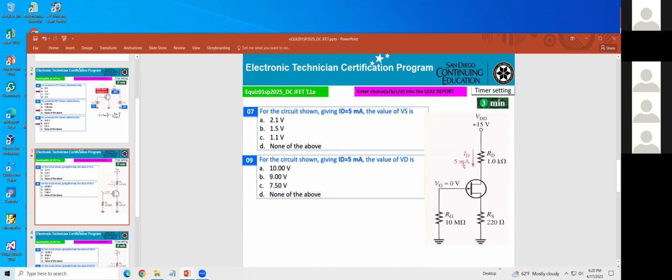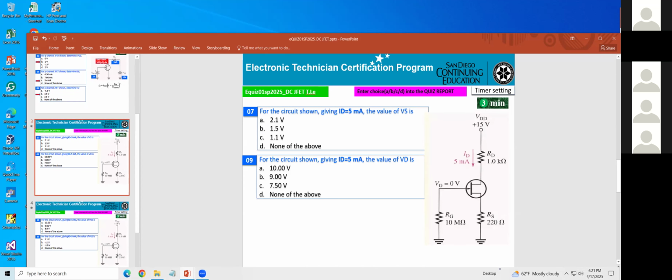ID equal 5 milliamp. So 7. I got C. I did too. I got C.